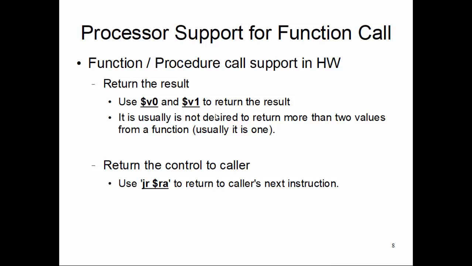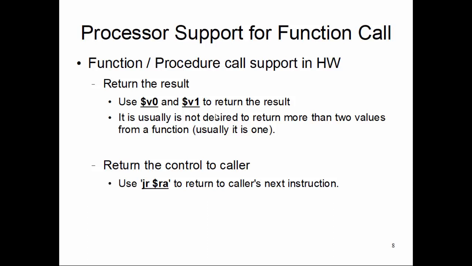So at the end of the function you can just do JR, jump register $ra. Your $ra contains the return address, the return point. When it goes back, the control goes back to that instruction in memory.